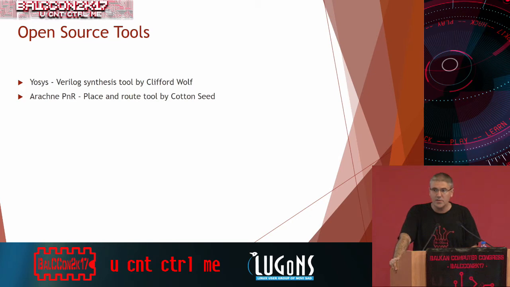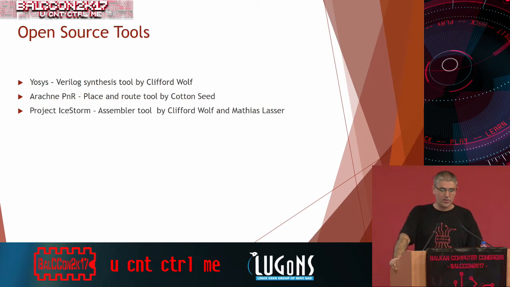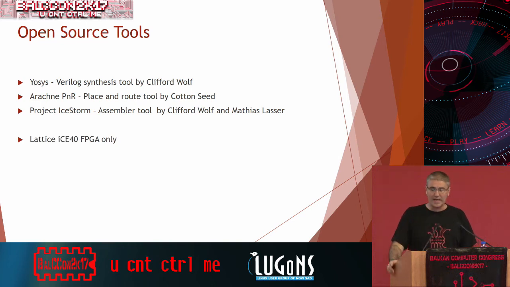There is also Arachne PNR. That part is doing the place and route in this case. And we have the project IceStorm, which is basically the assembler part, which will create a bitstream for us and has a programmer as well. And this is only right now for the Lattice iCE40 FPGA. The reason for it is that the guys reverse engineered the whole code, how this specific FPGA is organized and what number of parts it has, and they made the tools to support this.